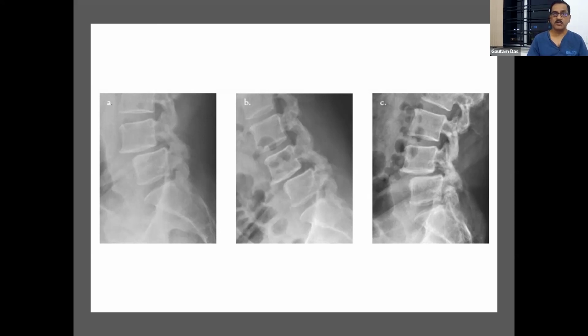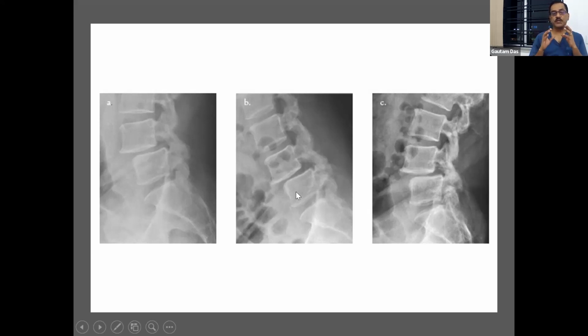So what is called an unstable listhesis? Whenever we see a patient of listhesis, this is again very important for all of us, all pain physicians, we should immediately order a flexion extension X-ray. That means lateral view. You see, there are three pictures, A, B, C. A is the ordinary standing position, B is the flexed position, and C is the extended position.